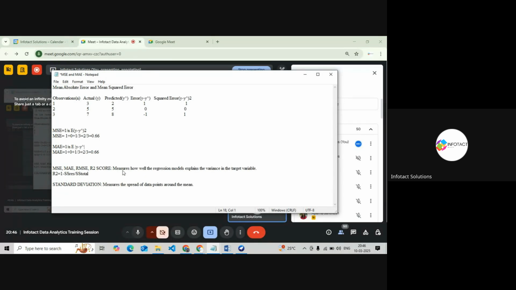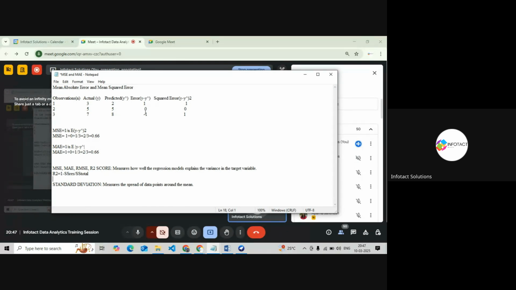Here SS res means SS residual, that is y minus y dash square, the sum of the squared residuals. SS total means y actual minus the mean, the total sum of squares.